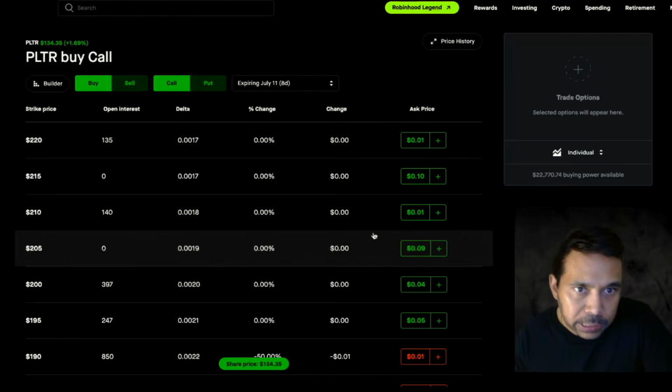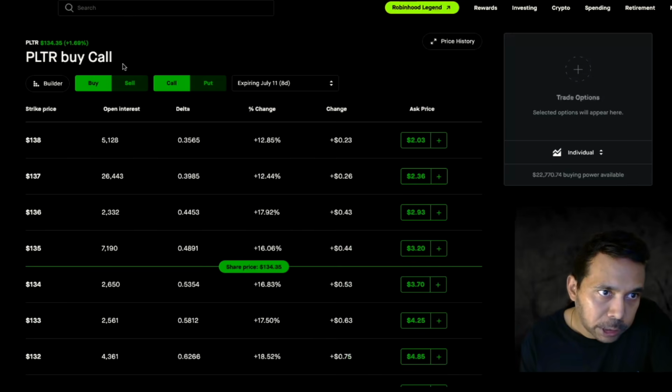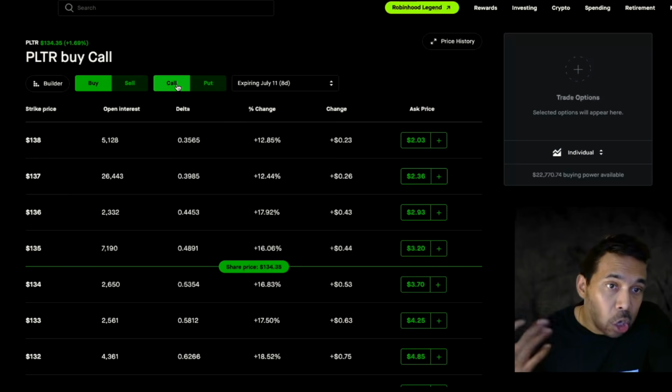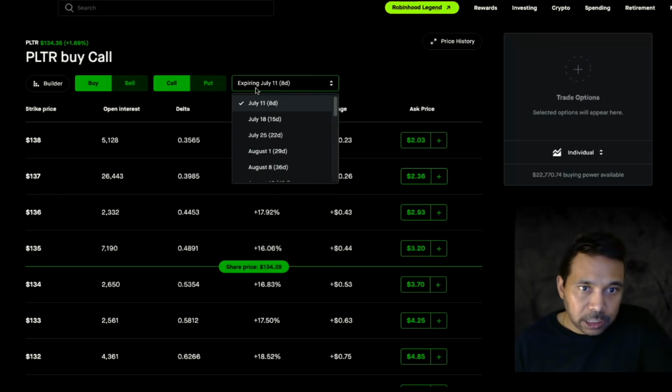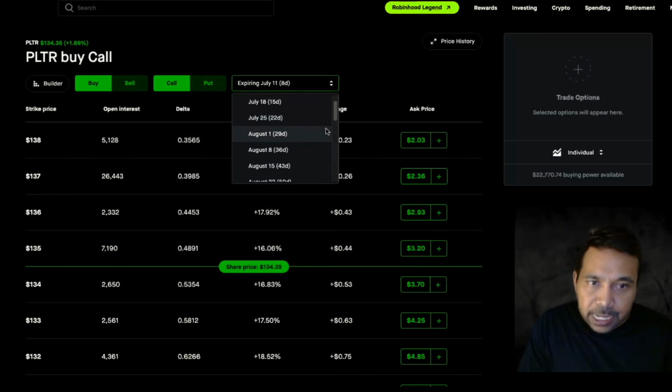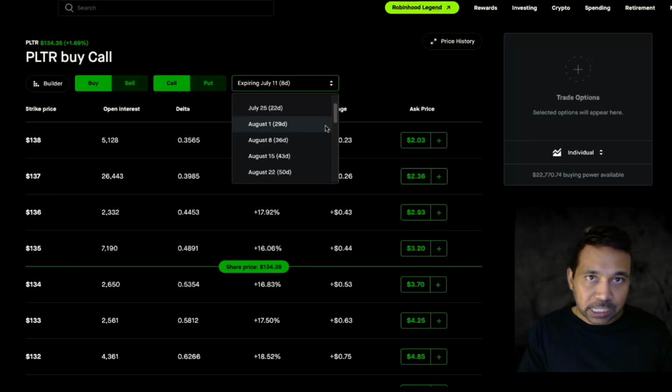Okay, so the first step is once you are in the options chain for Palantir, you do buy a call, make sure buy call is selected. Like I said, this is just a longer term expiry call option, right? So buy call, and then this is the important one, right? Expiration. So expiration for leaps is usually more than 6 months, I would say.